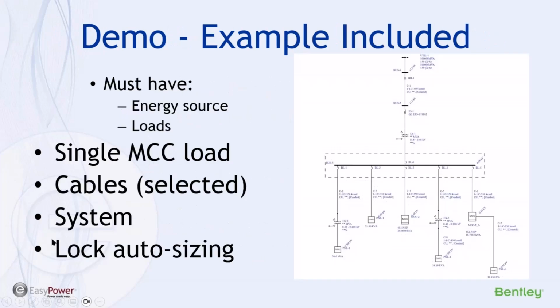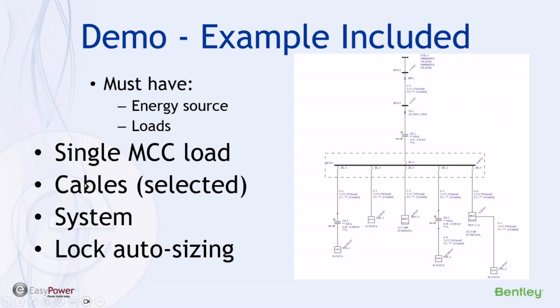For those of you that have access to EasyPower for the workshop, you can follow this demo, but my system must have an energy source, and I must have the loads sized to be able to work the calculations. What we're going to see is I can size elements for a single motor control center load.